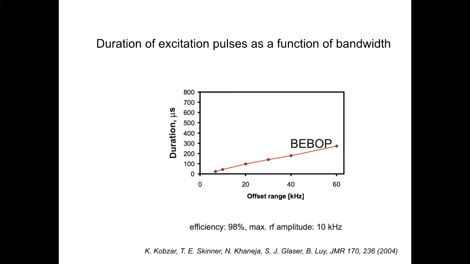So the efficiency in this case is measured as the projection onto the x-axis, and then we see it as a function of the offset range for which we achieve this efficiency of 98%. What is the minimum duration?